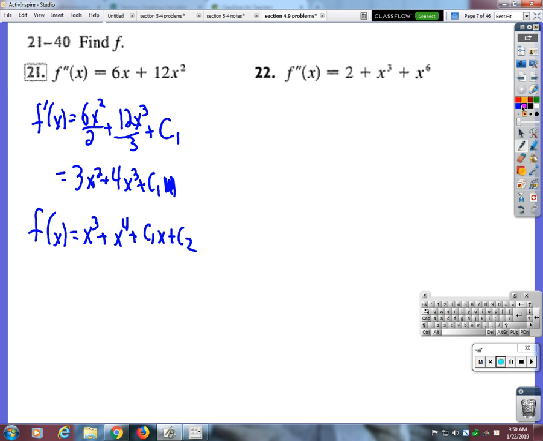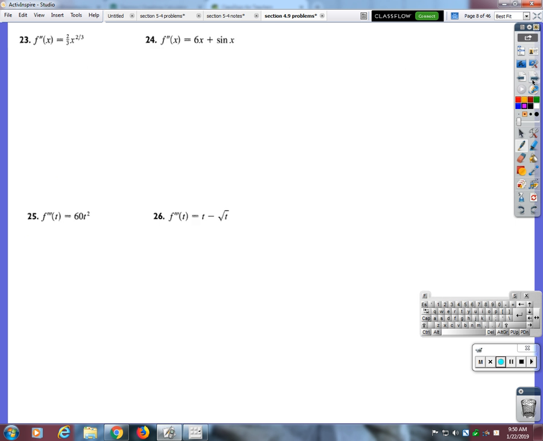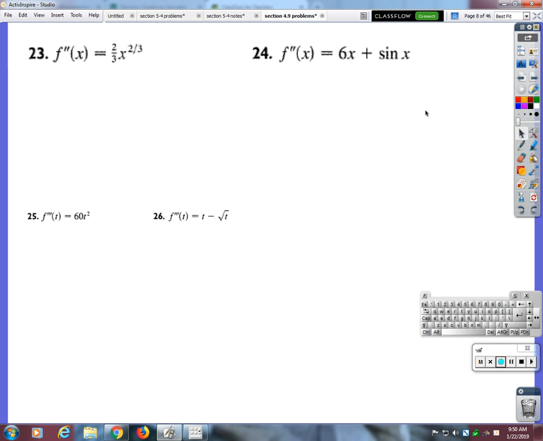20. Okay, 23. So my first antiderivative, Shaden, I have to add 1 to the exponent. So that would make what?